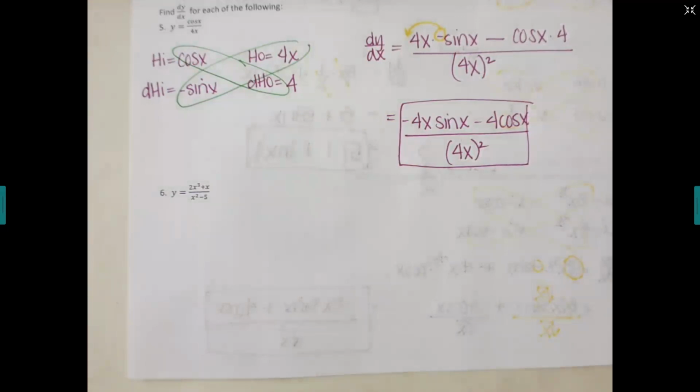Yes? Because it's part of the formula, so it's squared. So if your ho is 4x, you'll have to put that squared. Okay, got it. Got your pieces.